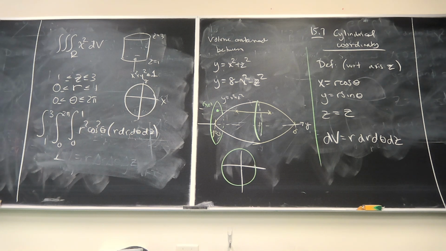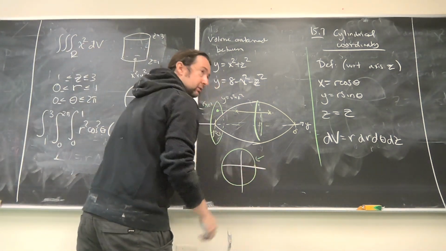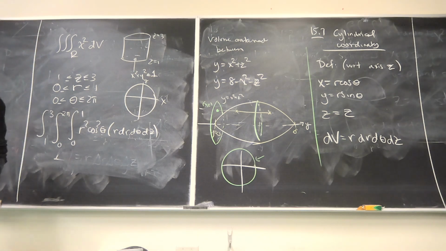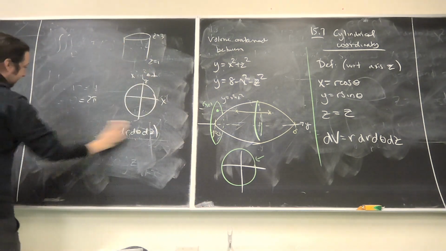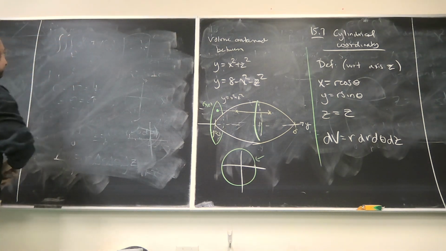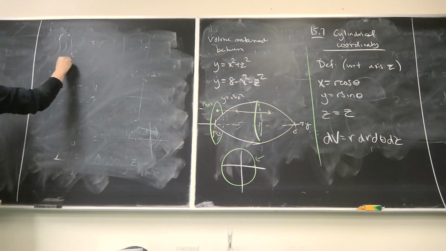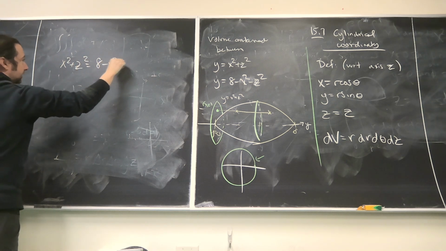Okay, what is the equation of intersection? How do I find it? I need to know the radius of this circle. How am I going to do it? Set those two places equal to each other. All right, so x squared plus z squared is equal to 8 minus x squared minus z squared.